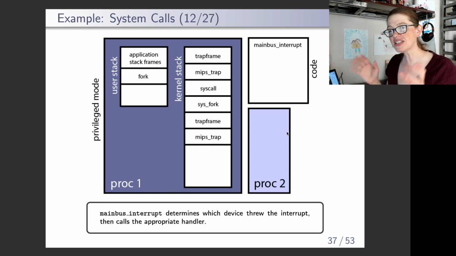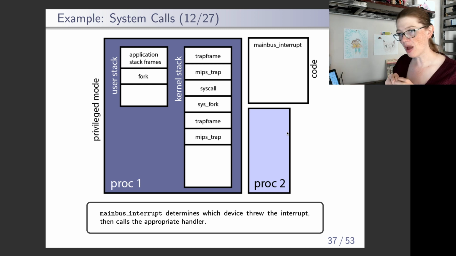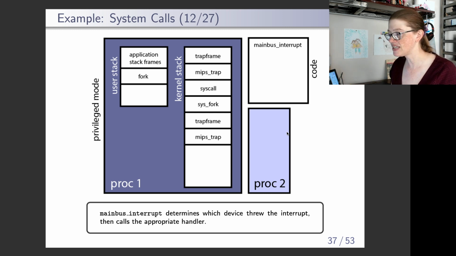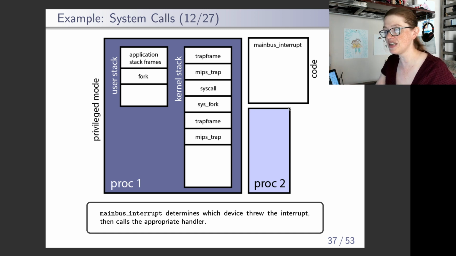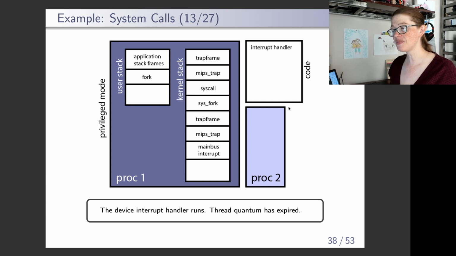The trap frame is common exception, saving and restoring the state of the running thread and also deciding whether we were in unprivileged mode, making that switch to privileged mode and all of that business. So upon receiving the timer interrupt, after sysfork on the kernel, we get a trap frame followed by a MIPS trap. Then MIPS trap realizes this is an actual interrupt, so it calls main bus interrupt. And main bus interrupt says this was the clock.